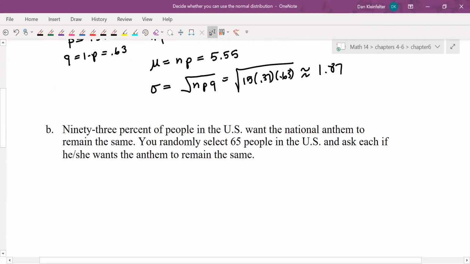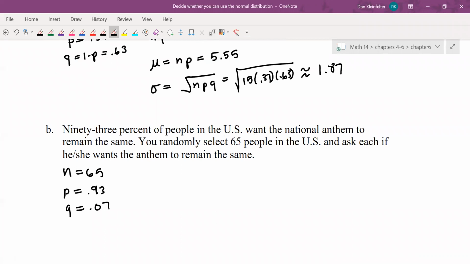Okay. For the second part, it says 93% of people in the US want the national anthem to remain the same. You randomly select 65 people in the US and ask each if he or she wants the anthem to remain the same. As before, we'll start by grabbing the n, the p, and the q. There were 65 people.